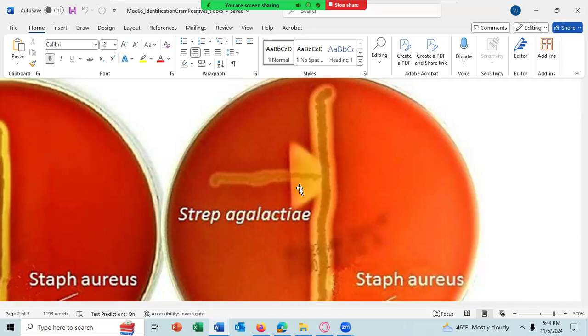For reasons I cannot explain, the CAMP reaction usually takes an arrow-like appearance, where the enhanced beta hemolysis forms an arrow. Any question about any of that?